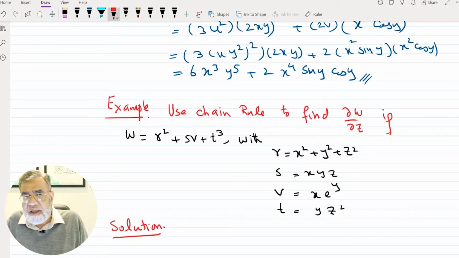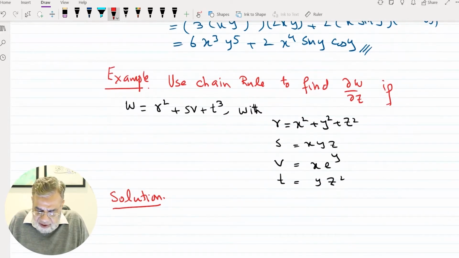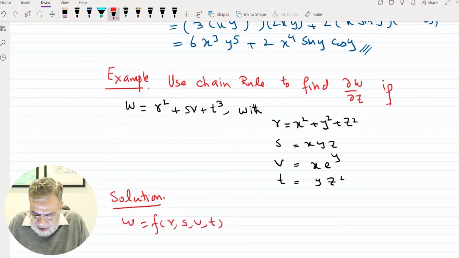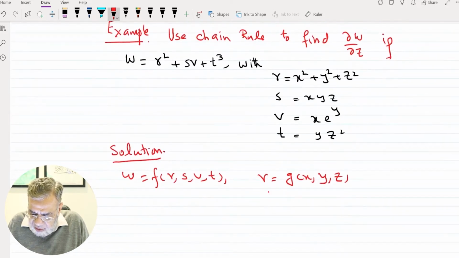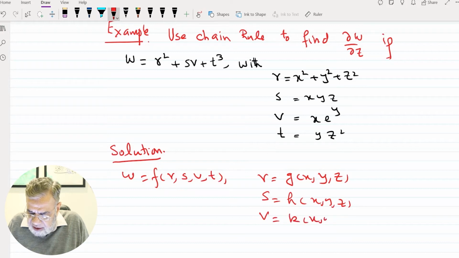Our function w is a function of r, s, v, and t, where r is a function of x, y, and z, s is also a function of x, y, and z, v is also a function of x, y, z, and t is also a function of x, y, z.